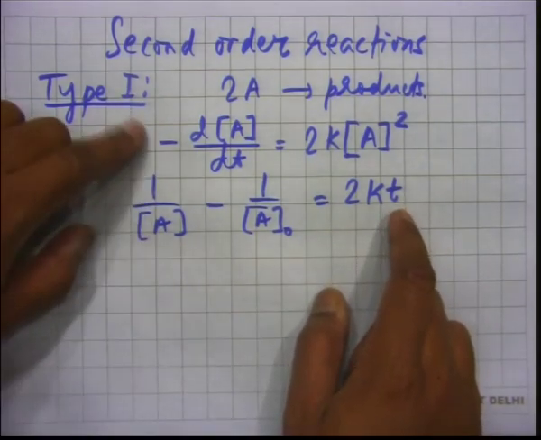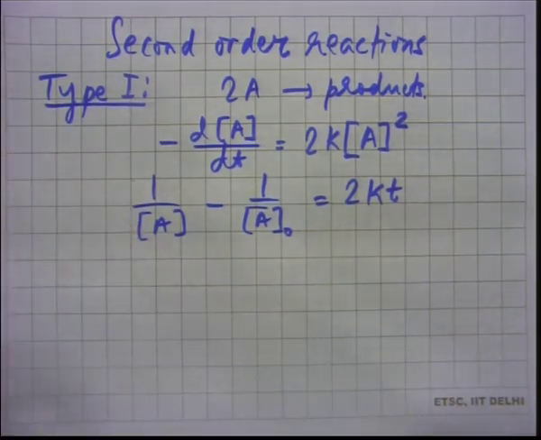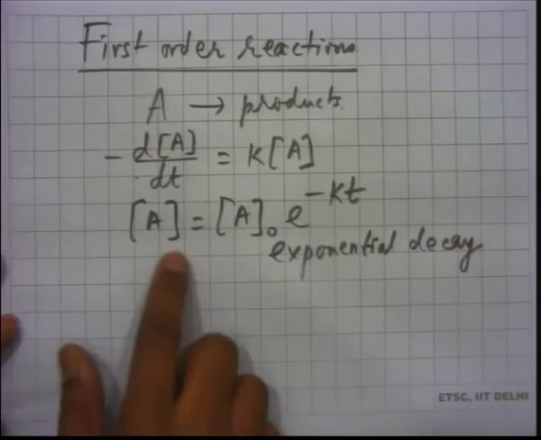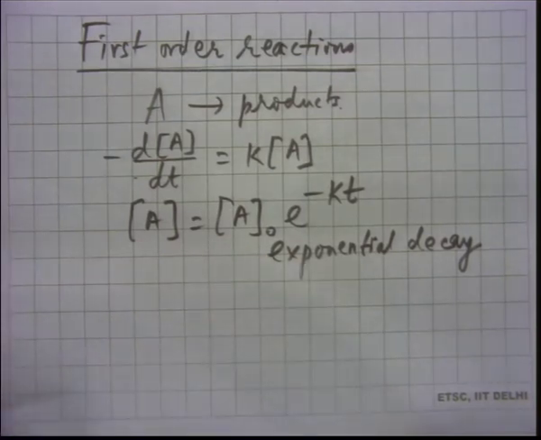So the reaction rate is this one, but here you get the concentration of A at any given point of time. You know how the concentration of A is going to change. For the first order reaction we saw, again we wrote the reaction rate, but we also saw that the concentration of A goes through an exponential decay. So reaction rate and concentration at a given point of time, the nature of variation of concentrations, we have been able to figure out quite quickly.